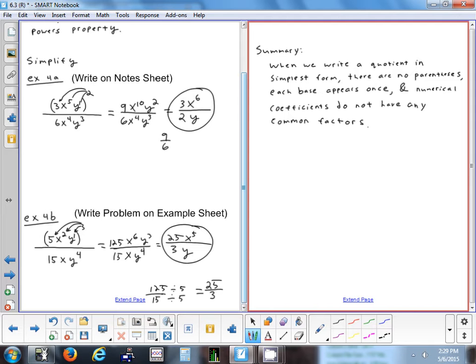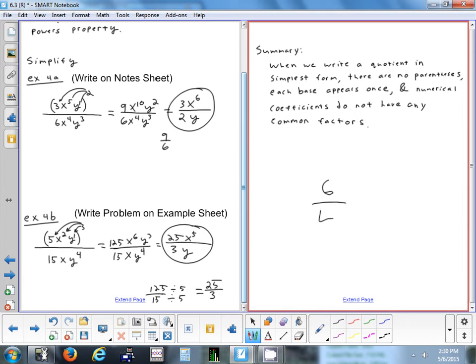When you start the problem, you might see x's and y's in multiple spots. In your final answer, how many times do you see x? Just once. How many times do you see the letter y? Just once. 25 over 3, your numerical numbers, shouldn't be able to be reduced anymore.